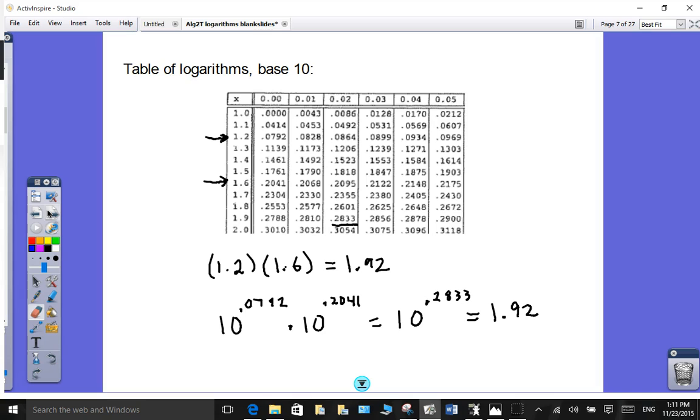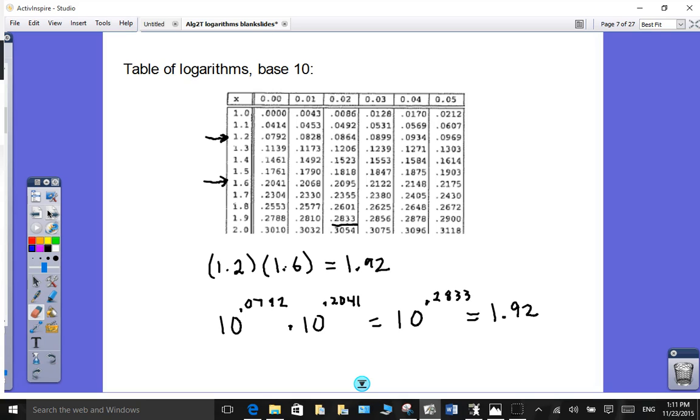So when I multiply these together, I actually just add the exponents. I get 0.2833. Then, using the tables of logarithms, I would look for where 0.2833 is, and it's right there. So that would tell me that the answer is 1.92, the same answer that I got by just doing the multiplication.